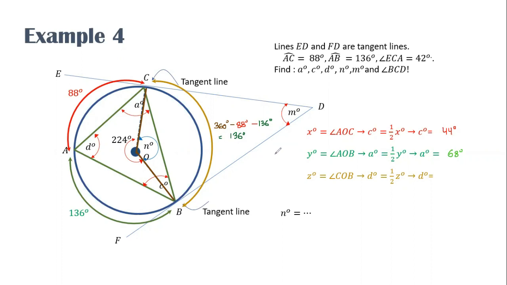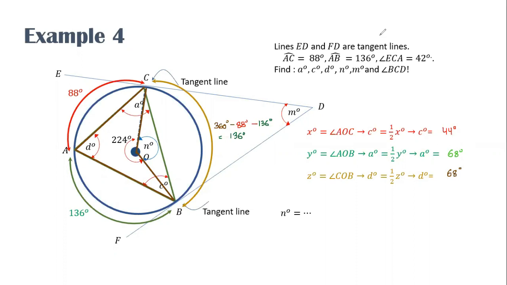So automatically d degrees is half of 136 degrees. We get 68 degrees.